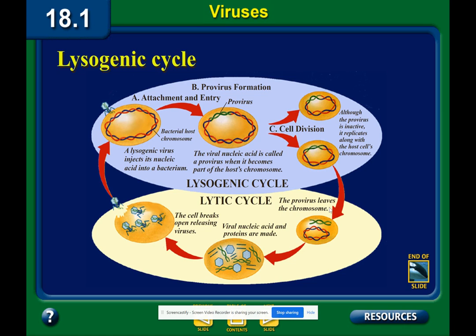Have you ever noticed, I don't know if you ever have had a canker sore or a cold sore, right? But once you've had them, you will continue to have them. And they're not there all the time. They come and they go. Why? Because it is caused by a virus that uses the lysogenic cycle. And every so often, when you get stressed out, that lysogenic cycle kicks into the lytic cycle, and then boom, you got a cold sore because now it kicks in and it does its thing, right?